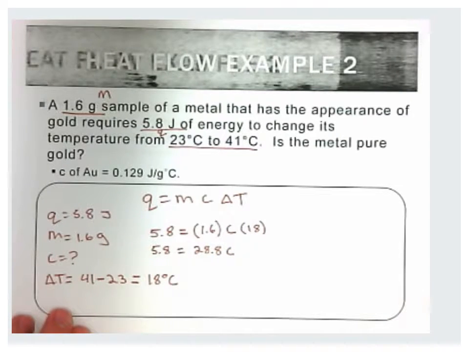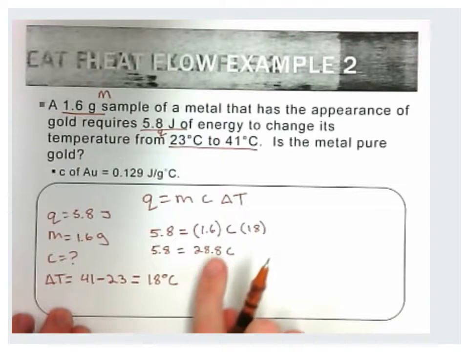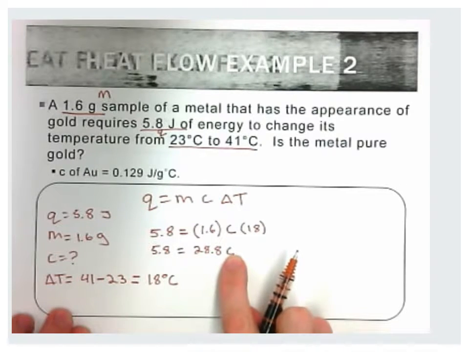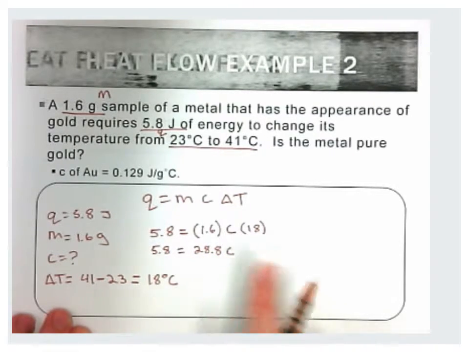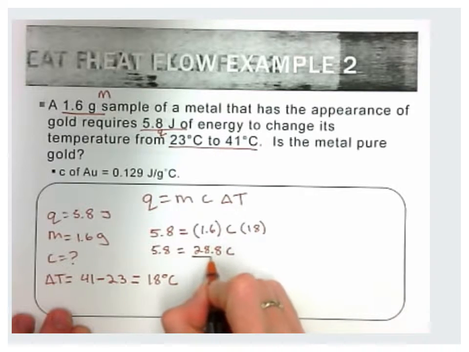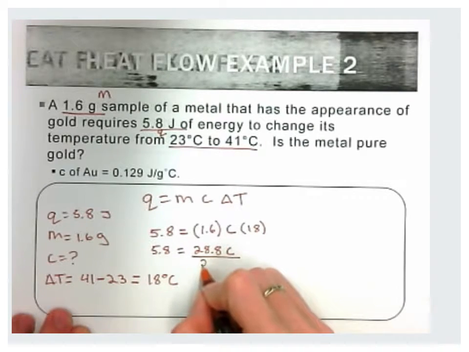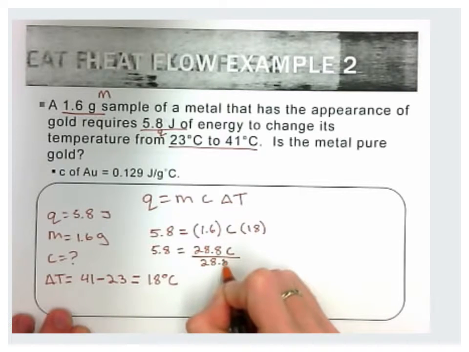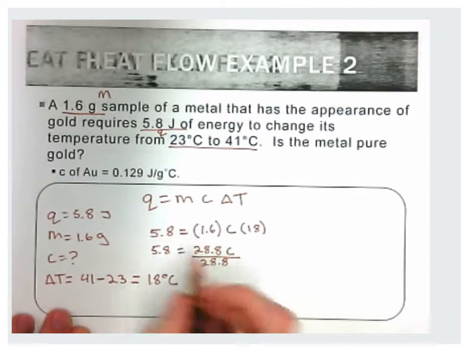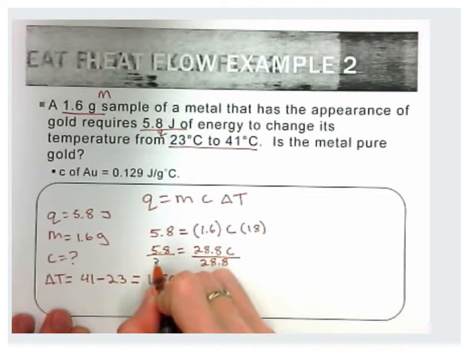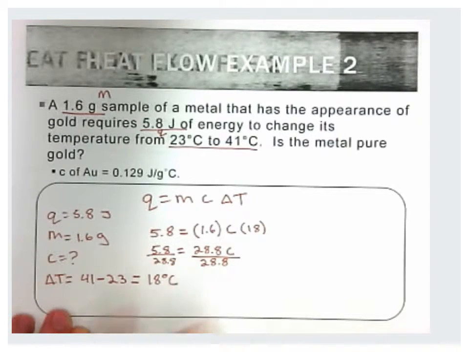Now it's just algebra coming back to haunt you. You have a variable you're trying to solve for, and it's multiplied by something else. You need to undo that math to get C by itself. To undo multiplication, we divide. If I divide by 28.8 here, I have to divide by 28.8 here as well.